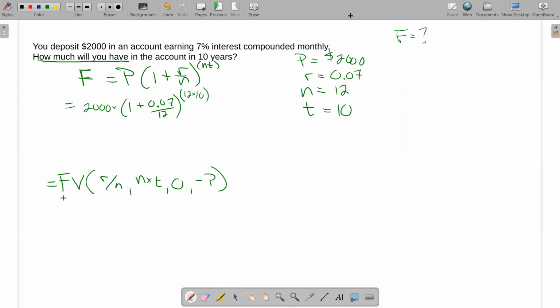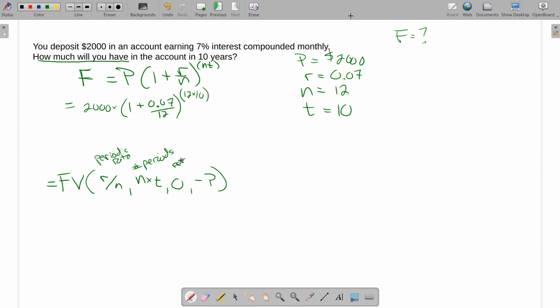The future value formula on the spreadsheet wants to know what's the periodic rate. It wants to know the total number of periods. Put a 0 for the next spot because that's periodic payments, which we're not making.